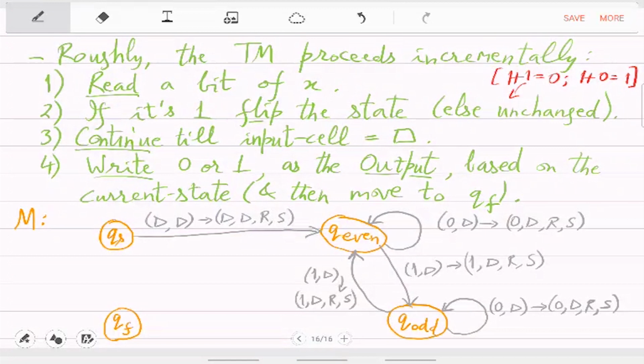If you keep seeing 0, then you are at the same state, so even to even or odd to odd. And when will everything come to an end? When will you reach the finish state? That is when you see blank. At that blank, if you are at the even state, then you write the output 0. And there is no need to move right anymore. A similar idea when you are at odd, you write 1.